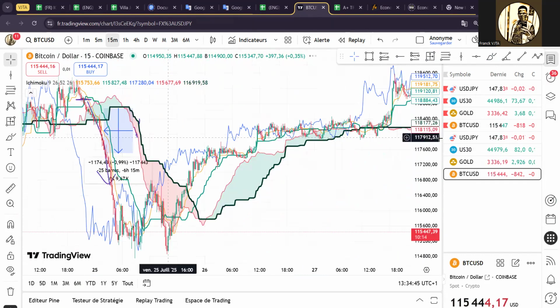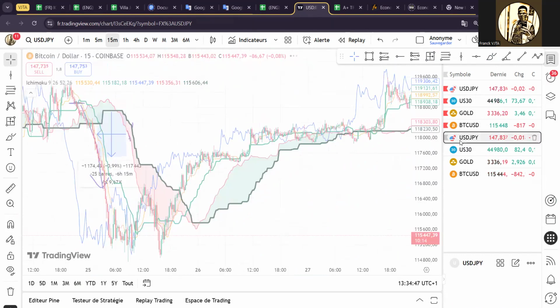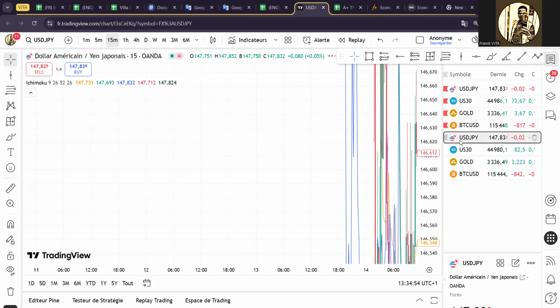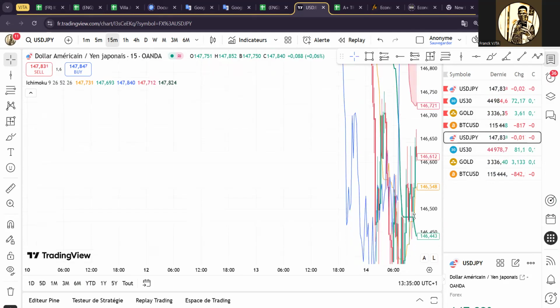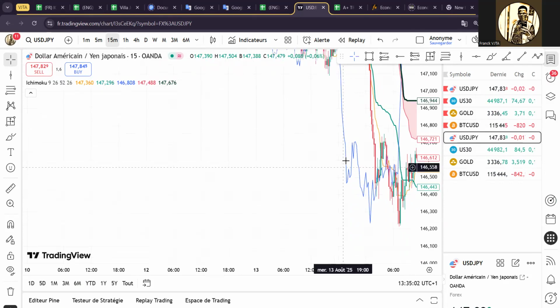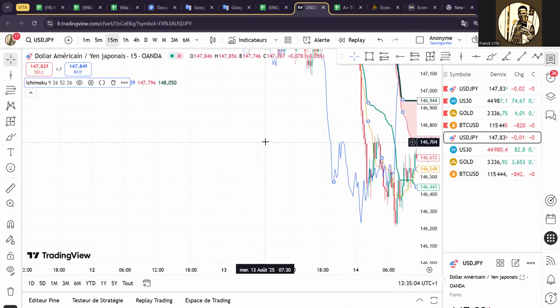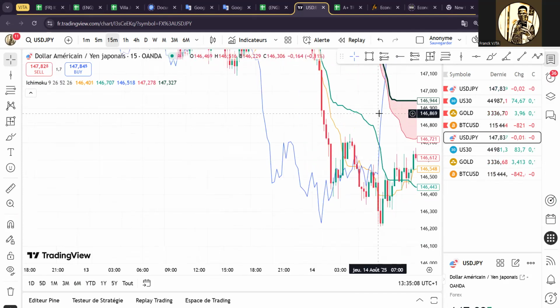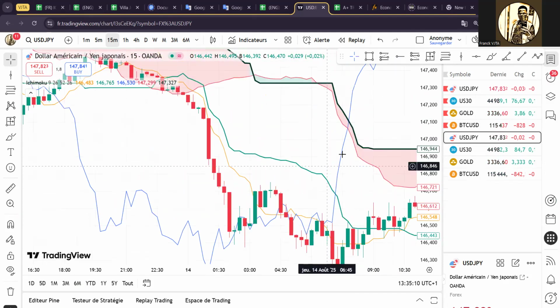Now there are some clouds that are young, but very, very tight, like this one.